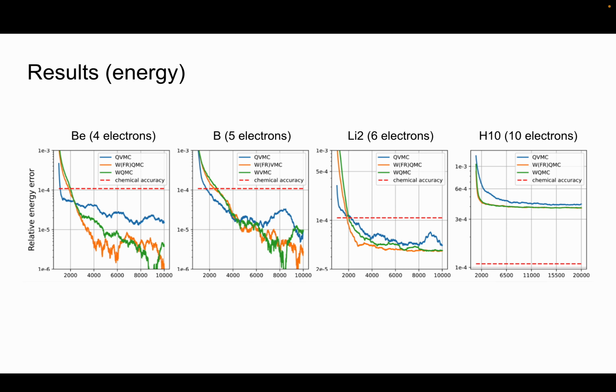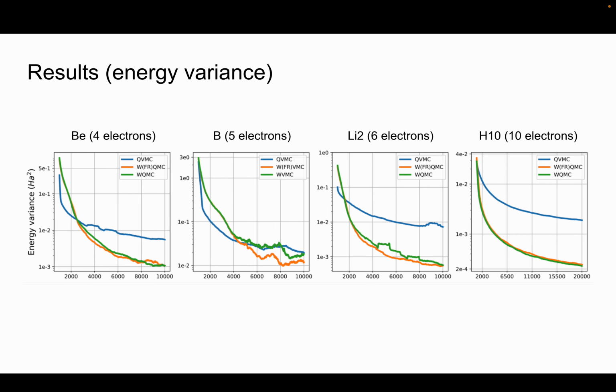Let's go to the experimental results. For energy minimization on different electronic systems, for different molecules, we observe that our algorithm converges as fast or faster than the baseline. However, low energy values don't necessarily indicate the convergence to the ground state, the minimal eigenstate.